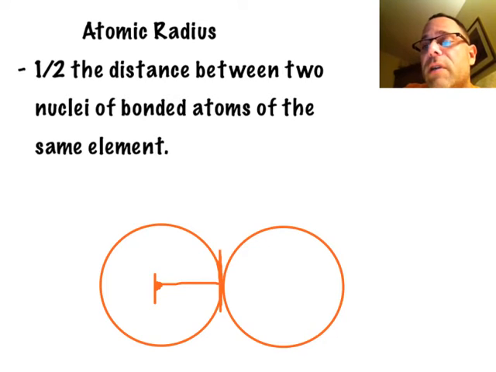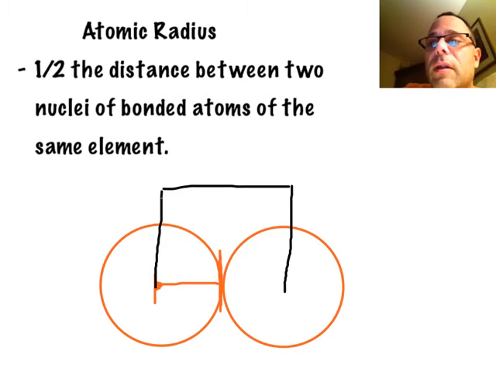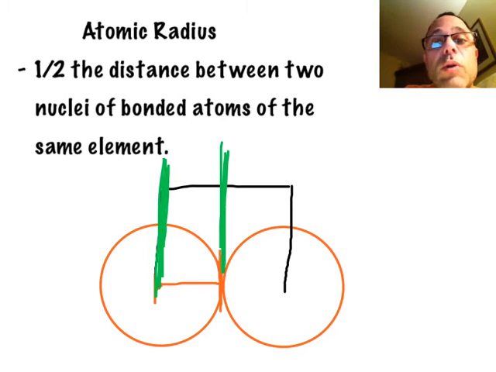And what that would then look like is, from this nucleus here to this nucleus here, and then we have to take half of that amount. Let me change the pen. So we would go from here to right here, which is half the distance between the nucleus of one atom and the nucleus of another.